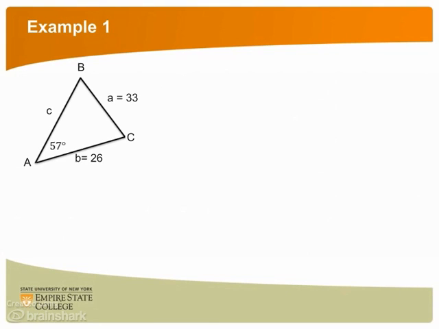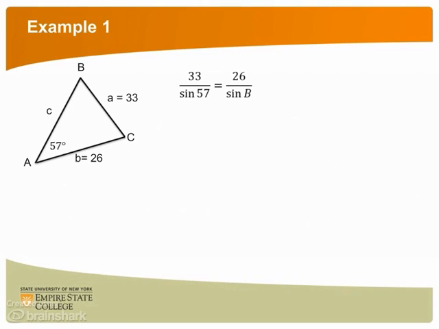Suppose we know that the measure of angle A is 57 degrees and that the length of the side opposite, little a, is 33. We also know that little b is 26. With this setup, how many triangles are possible? Set up the law of sines ratios.